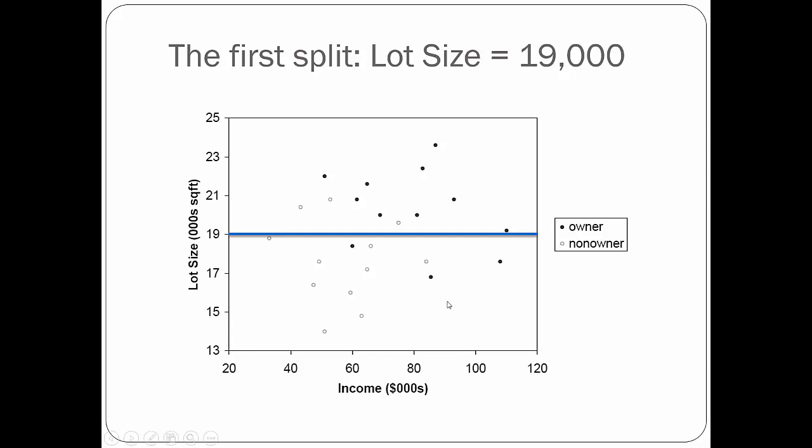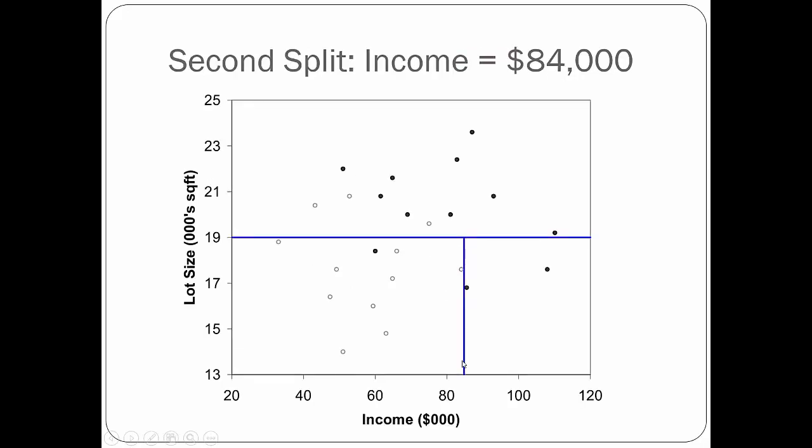Now a second split, based on income. This side of the first split has been split into two parts, and now we have a completely homogeneous rectangle, so no further split is necessary there.